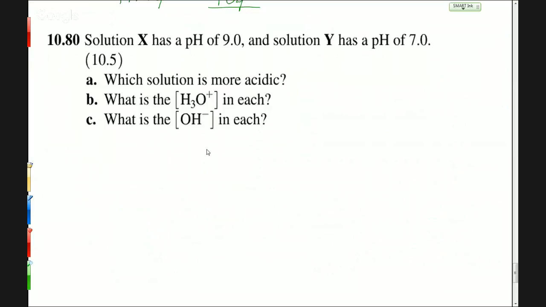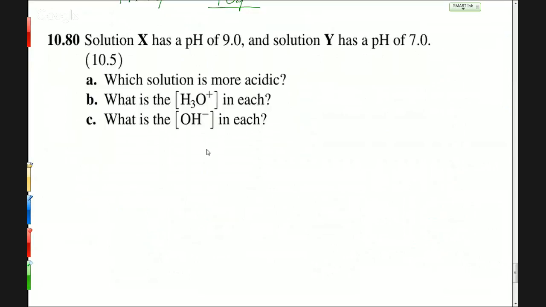Remember that 7 is neutral, but that can still be more acidic than something that is basic.